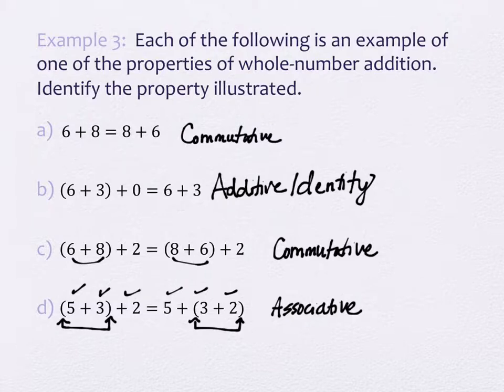If the pairing is still the same, then it's not associative. Like this, then yes, it would be both. You're right, because we would have done a commutative property with the parentheses parts too.